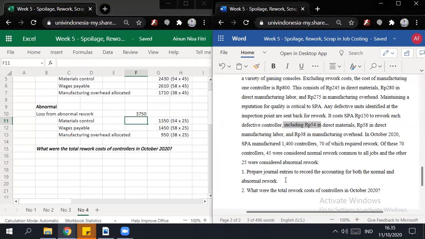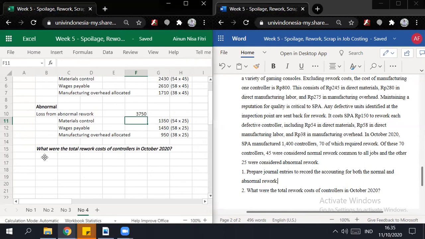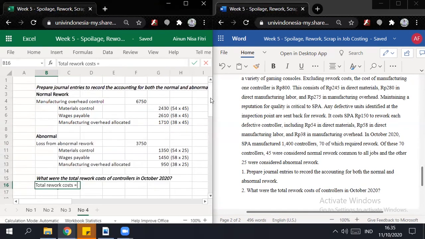And then for the second question, what were the total rework costs of controllers in October 2020? Okay, so the total rework cost is as simple as the sum of manufacturing overhead control and loss from abnormal rework.